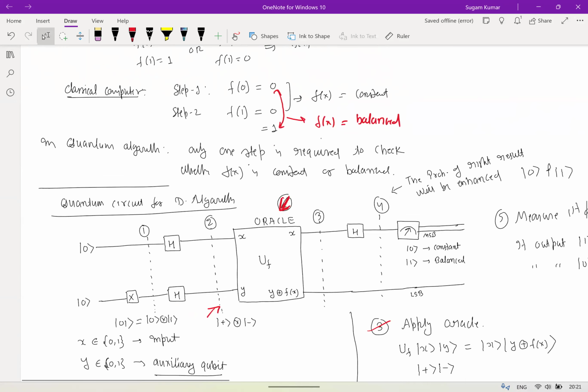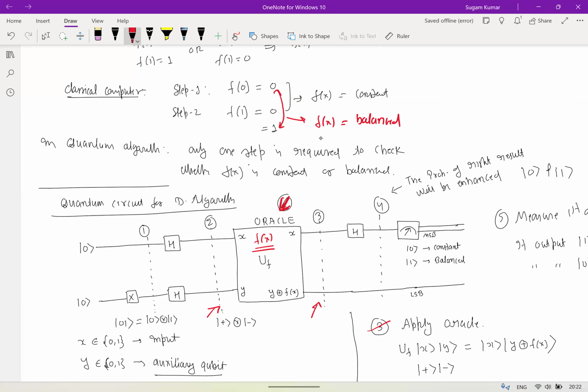But we want to check whether the function is balanced or constant. So that function is going to be encoded with this superposition state by the oracle. The oracle is going to encode the function with the first qubit, which is in superposition, which is nothing but the parallelism. At this location, you see the function is already encoded, and both the results are available, 0 and 1, and the function is there as a phase.